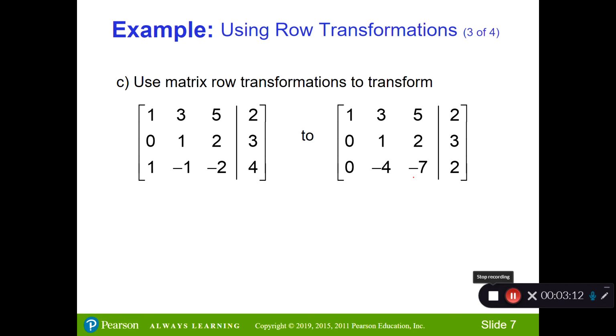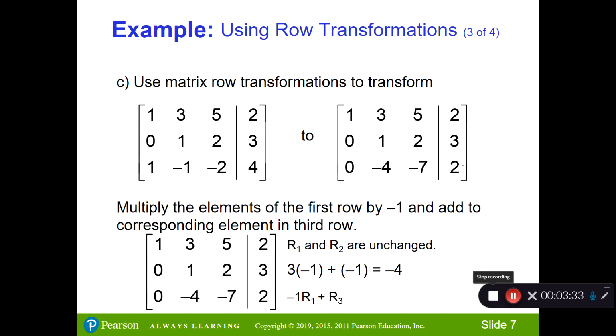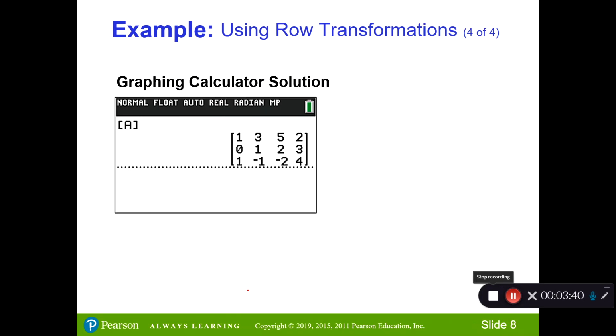It's not just changing by a constant, but if I notice here, if I subtract row 1 from row 3, the result will be what's here. 1 minus 1 is 0, -1 minus 3 is -4, -2 minus 5 is a -7, 4 minus 2 is a 2. So I'm taking row 3 and subtracting row 1 and putting it back where row 3 is.